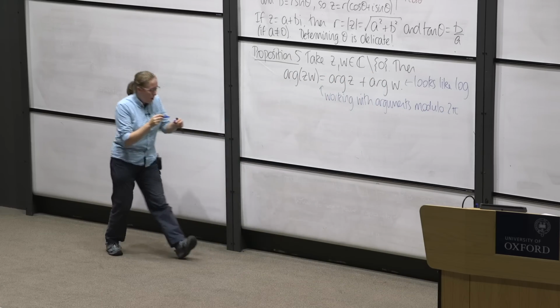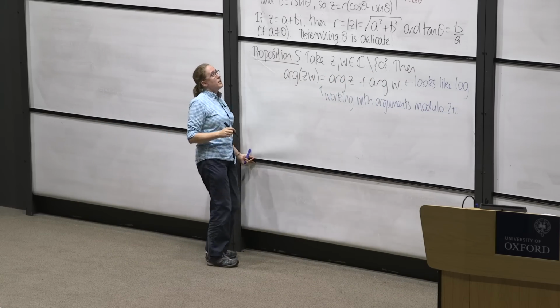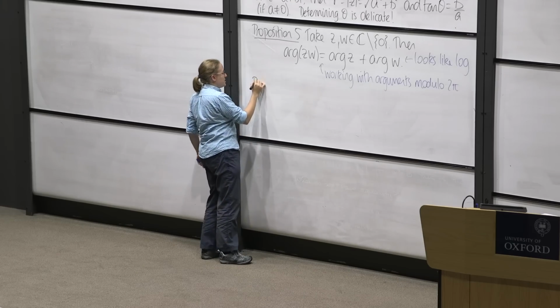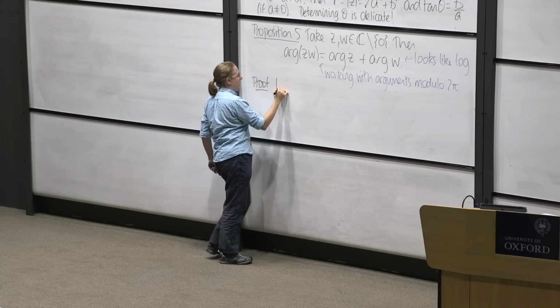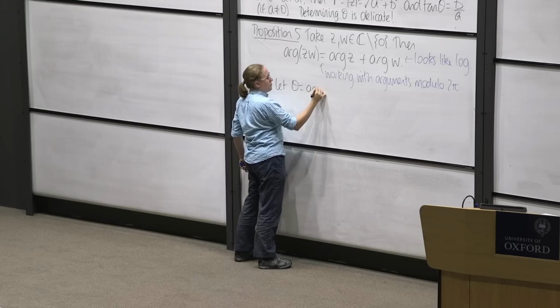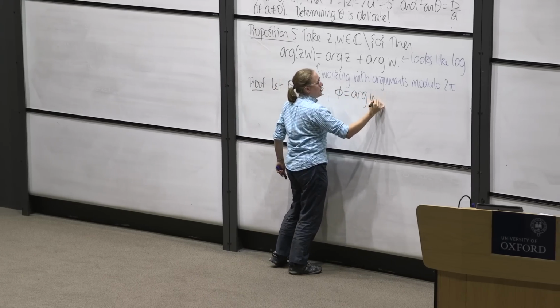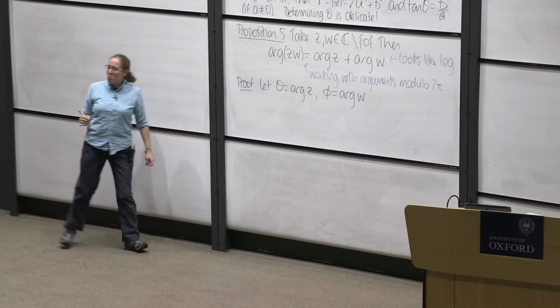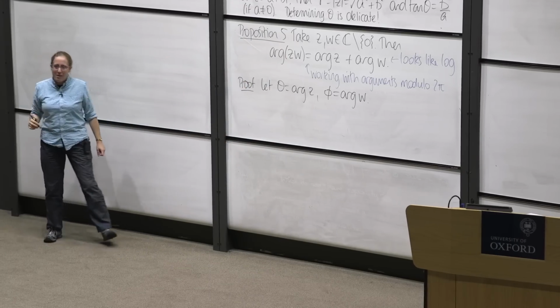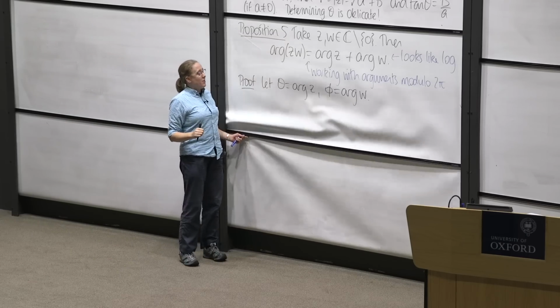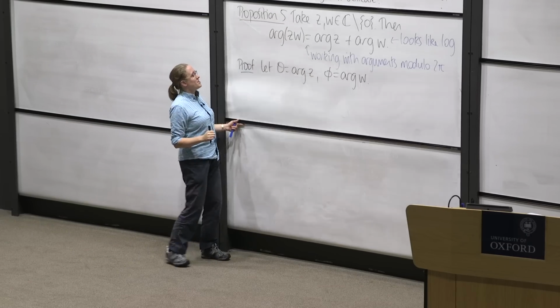So let's think about how we're going to prove this. So this is not too bad, actually, given this kind of thinking that we've been doing up here. So if I let theta be the argument of z and phi be the argument of w, I hope you're making good progress with learning the Greek alphabet. I'm not fantastic with every Greek letter, but theta and phi are really good Greek letters to know.